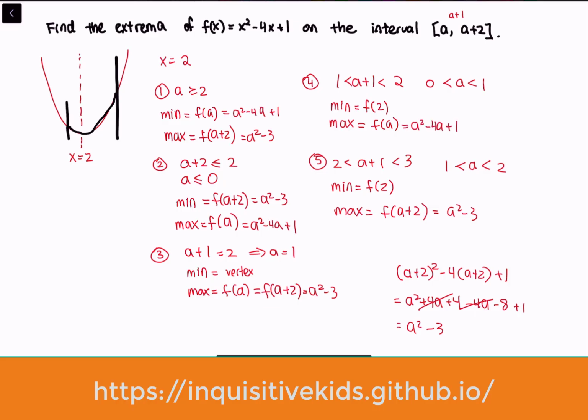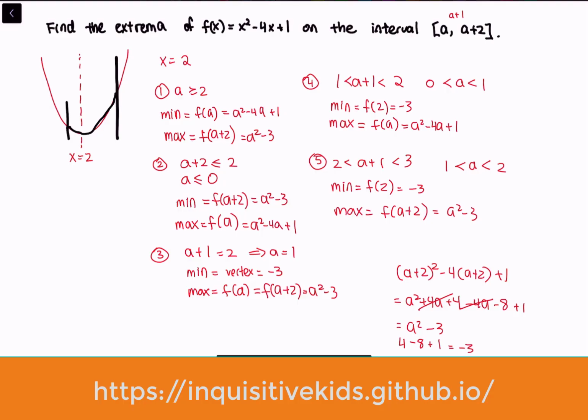Now, what about the vertex? The vertex is when x is equal to 2, so we input that into our function. That is when we have 4 minus 8 plus 1, which is equal to negative 3. And f of 2 is the vertex. So these are all negative 3's.